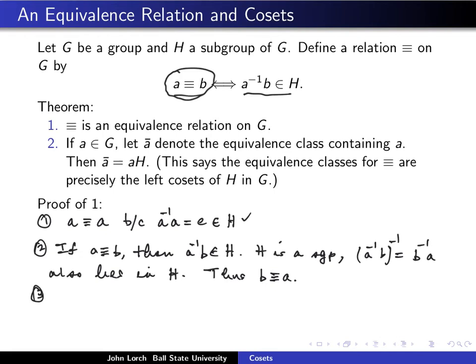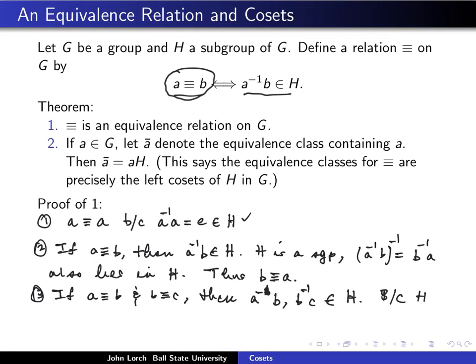Now finally, there's this transitive property that needs to be satisfied, right? So let's suppose that A is equivalent to B, and B is equivalent to C. Then A inverse B and B inverse C both lie in H. And then because H is a subgroup, we know that the operation on H is binary.